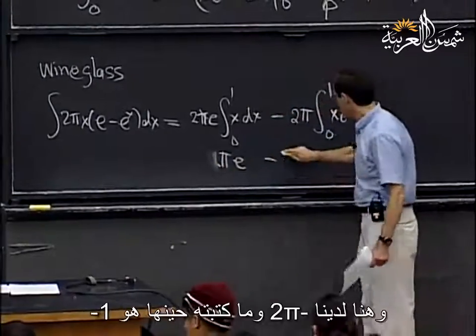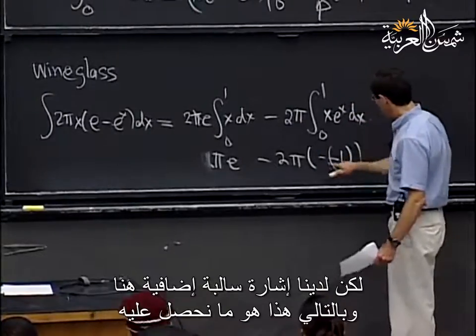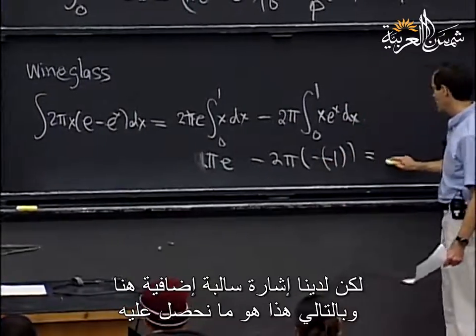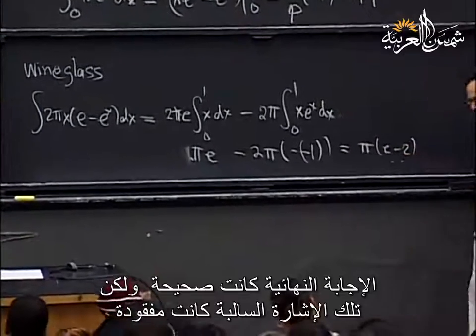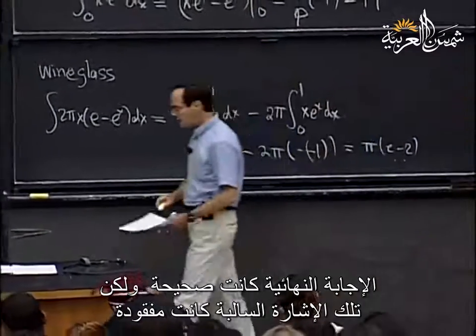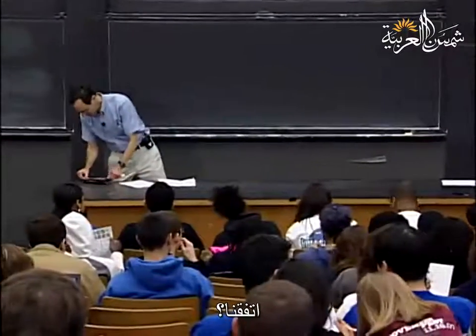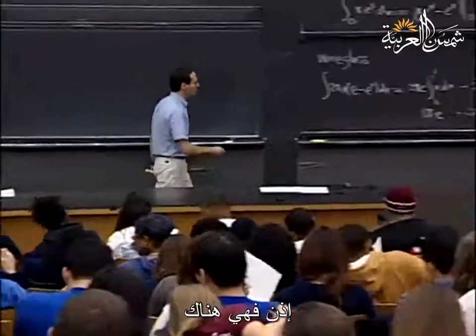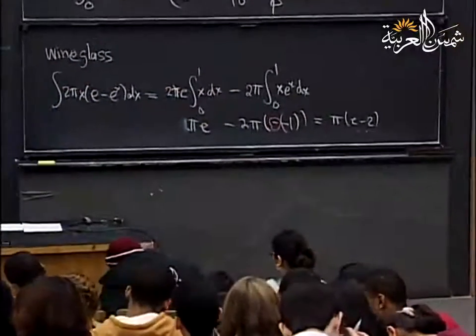And then this one was minus 2 pi, and what I wrote down was minus 1, but there should have been an extra minus sign there, right? So the final answer was correct, but this minus sign was missing right there. All right? So just right there.